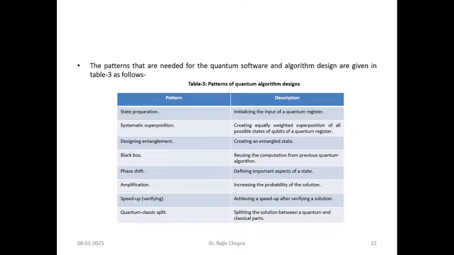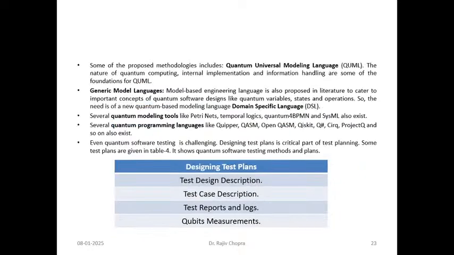Some of the proposed methodologies include quantum universal modeling, the internal nature of quantum computing, internal implementation, and information handling. These are the foundations of QUML. The unified modeling language that we had earlier, like Rational Rose, can be modified to draw diagrams for this also.